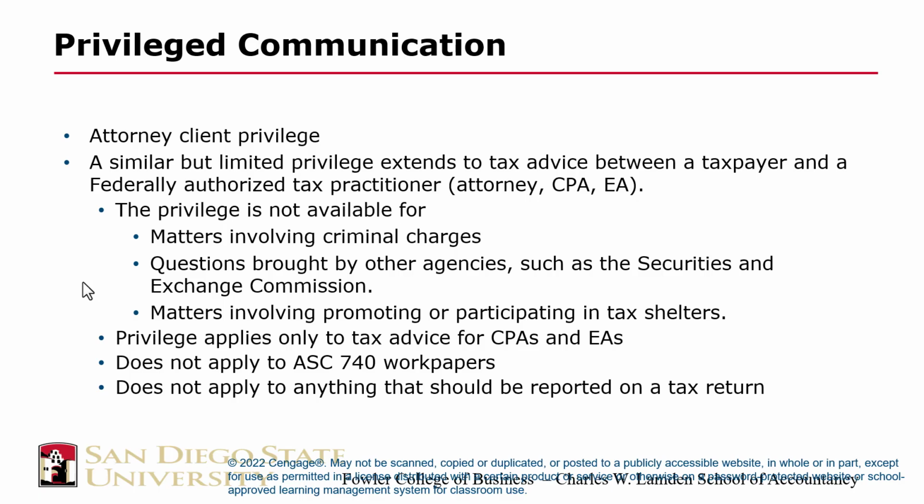Financial statements are generally audited and perhaps submitted to a regulatory body like the SEC or the stock exchanges, so that privilege doesn't apply there. And it doesn't apply to anything that should be reported on a tax return. And that brings us to the end of chapters 1 and 26.